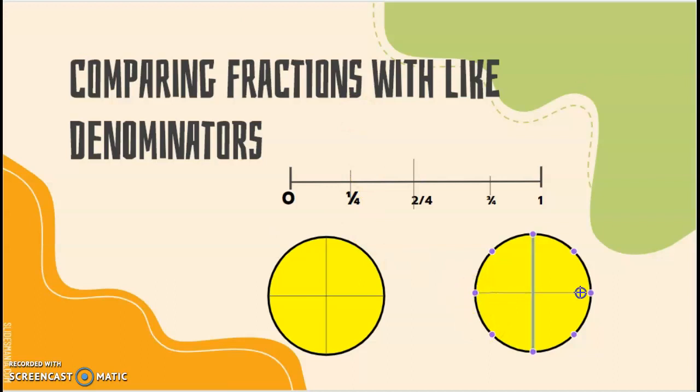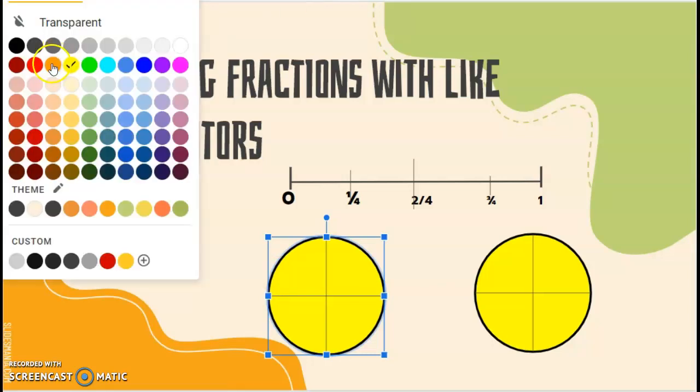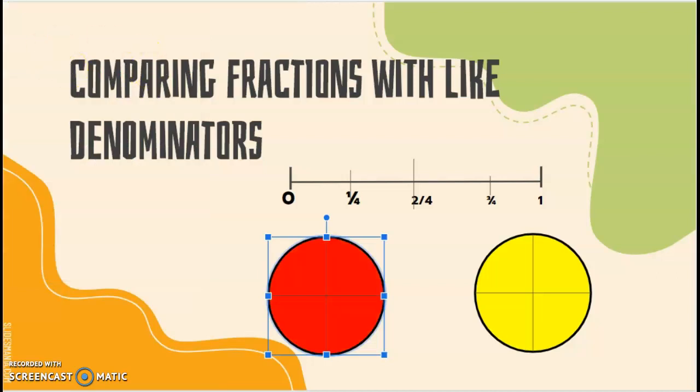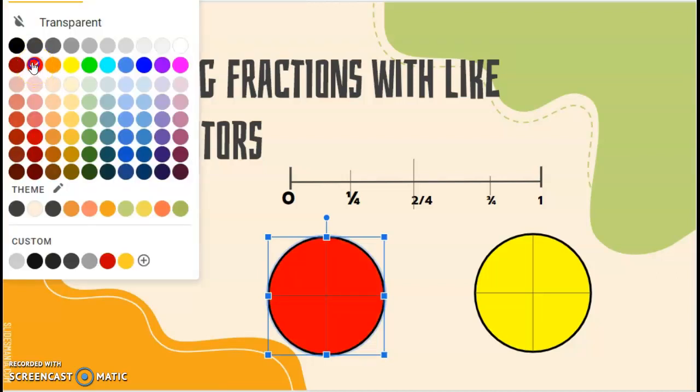Okay, now that I have my fraction circles partitioned into four equal parts, I am going to shade 1/4 of my model or circle to show 1/4 of the fraction. Uh-oh, and I want the whole thing to be shaded. Let me change it back.